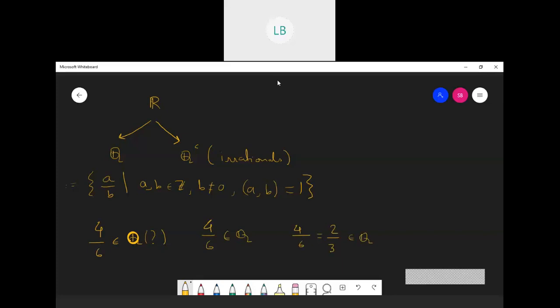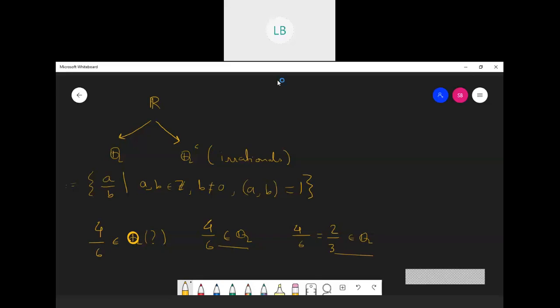By definition, a set should contain distinct elements, right? But here you were saying 4 by 6 is in rationals, 2 by 3 is in rationals, and again 4 by 6 is equal to 2 by 3. So in the set of rationals, there are two elements which are not distinct. Can this be the case?